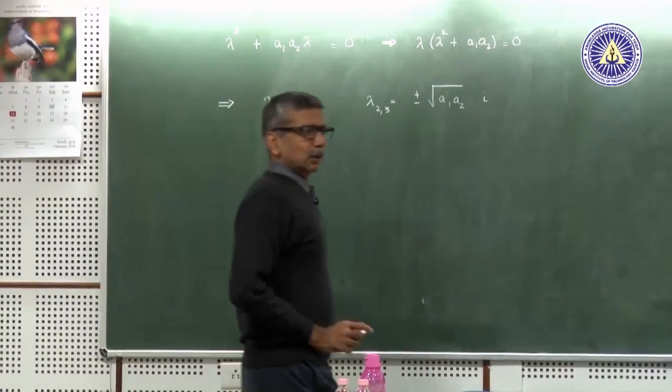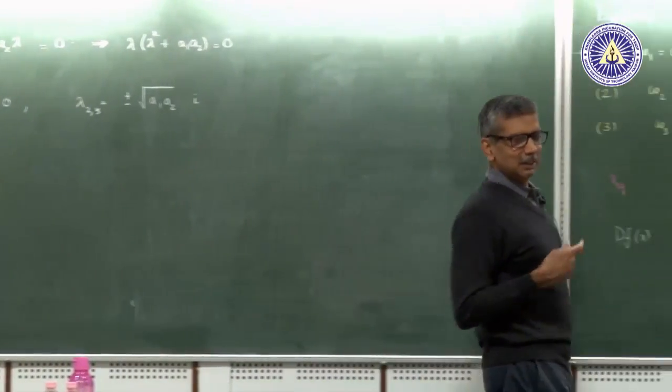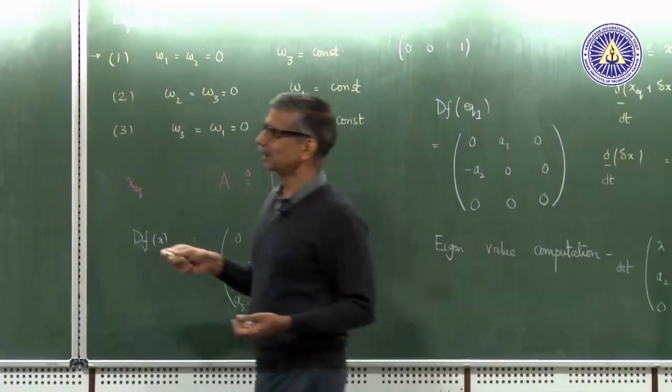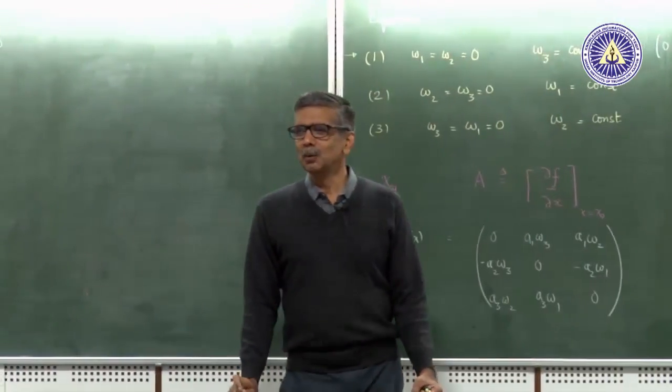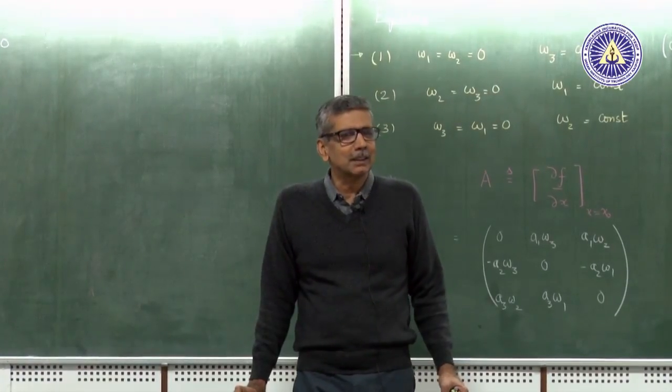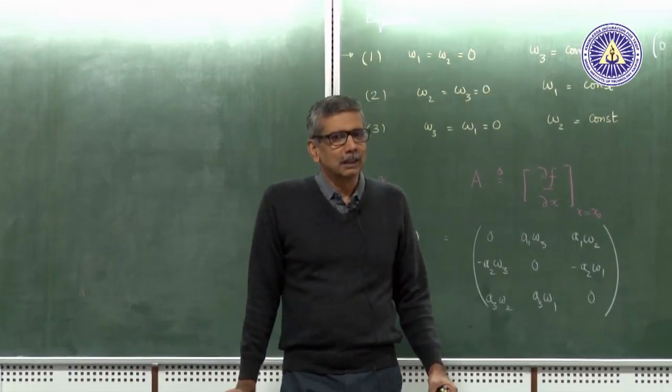So this unfortunately leaves this test inconclusive, because all the eigenvalues were on the imaginary axis. 0 is on the imaginary axis, the other two are on the imaginary axis.